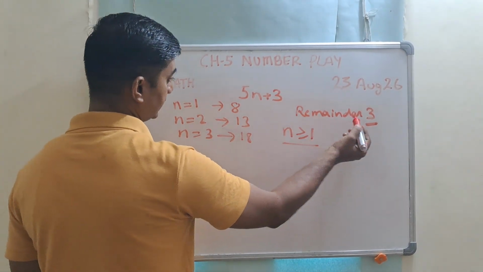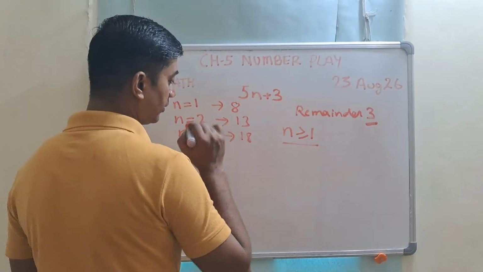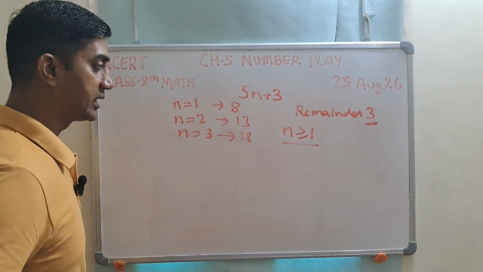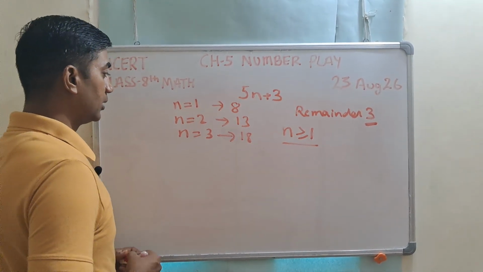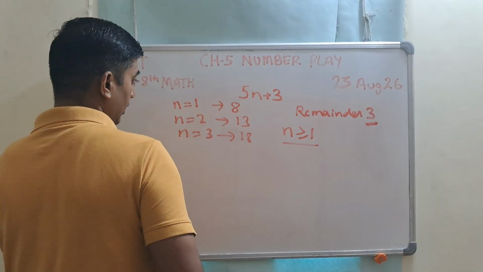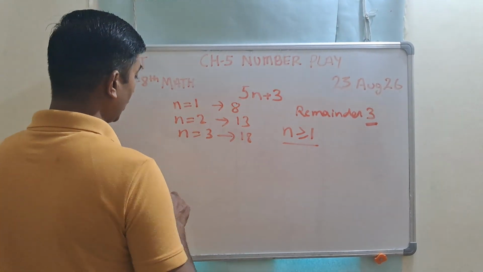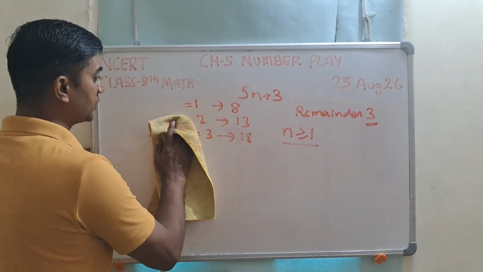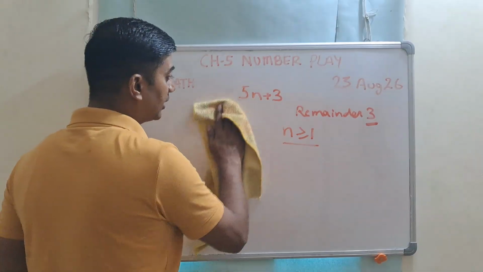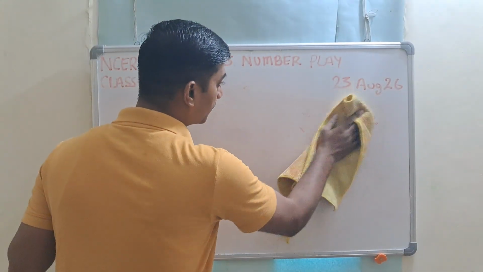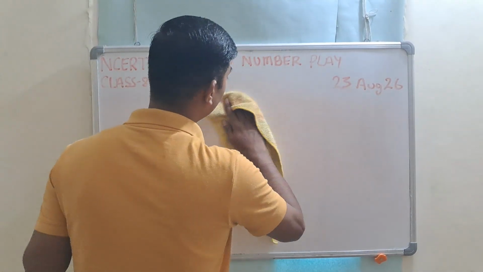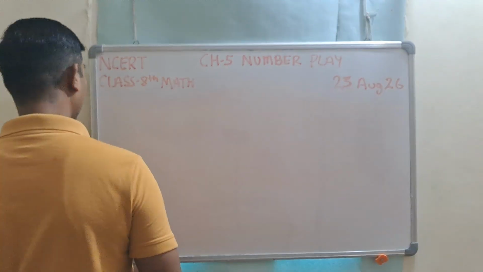In this expression, we will always get the result which has remainder 3. Now, in our book, they have given us some options. We will check each option one by one, whether it is always true, never true, or sometimes true. Understood?